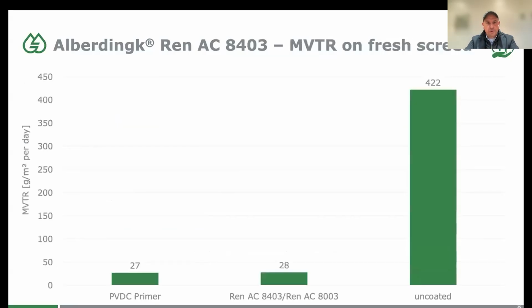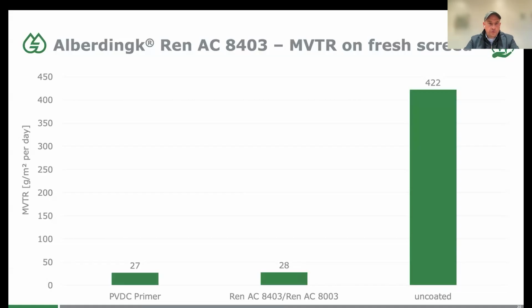I'm going to show you some examples here. What we did here is we prepared screed pieces, which we tested for moisture vapor transmission. You prepare the screed, you coat it the next day, and then you put it into MVTR testing. You can see on the right-hand side, if it's uncoated, the screed has a very high MVTR of 422 grams per square meter per day.